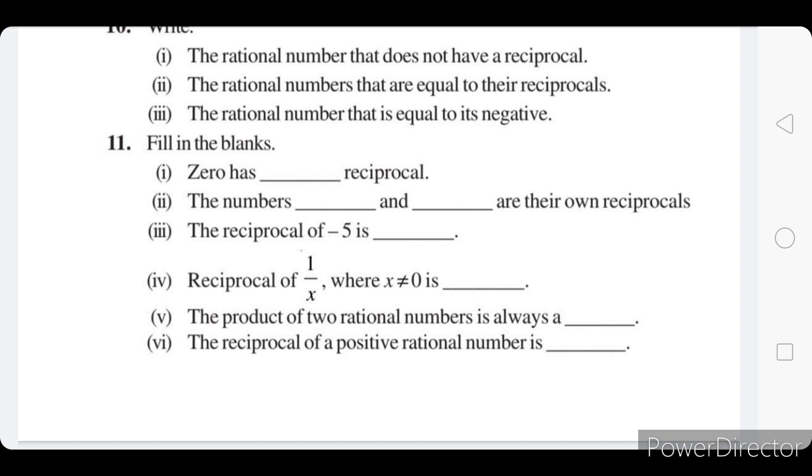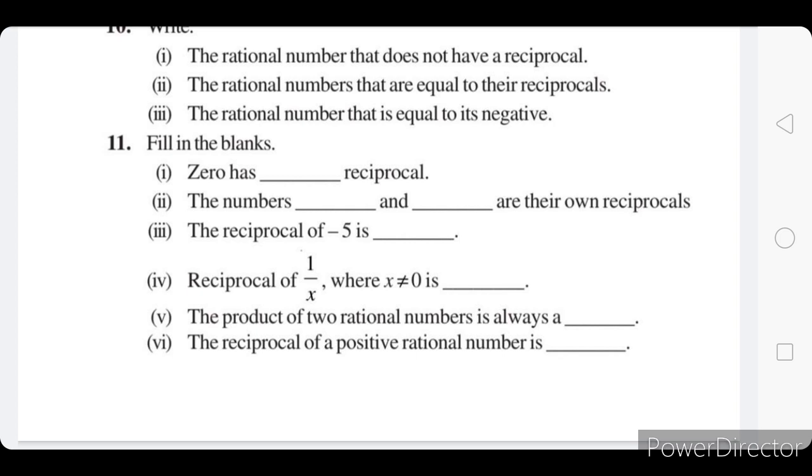The rational number that is equal to its negative is 0. 0 is also a rational number. So fill in the blanks. 0 has no reciprocal. The numbers 1 and minus 1 are their own reciprocals.